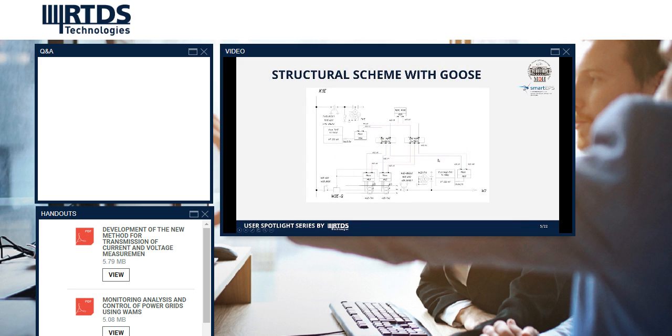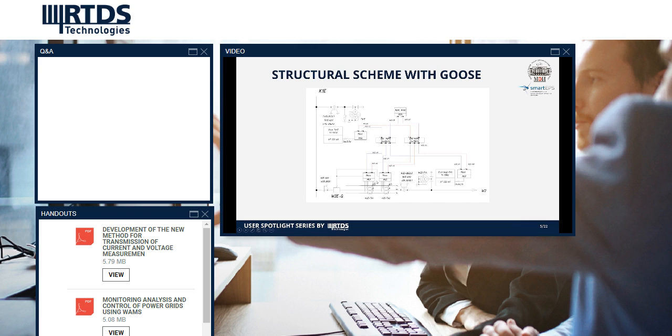In order to understand this process, this slide shows the structure scheme of the PEC complex when transmitting measurements via GOOSE protocol. Through the use of a new method of transmitting measurements, each metric unit performs the function of input and output of discrete and analog signals and control of switching devices.